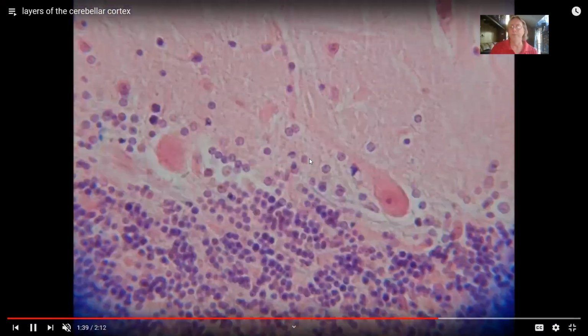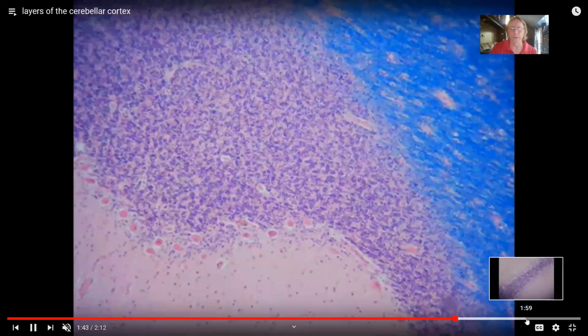And then there are a few cell types which can be found in the molecular layer above that. So I'm just going to quickly mention a few points, but I go into this a little bit more in the playlist.